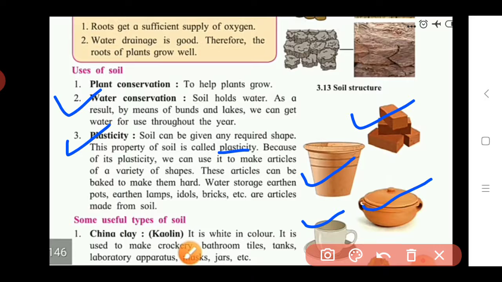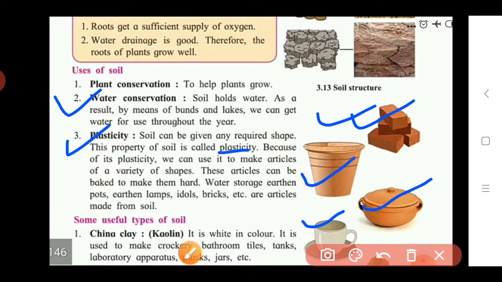So first we give the shapes in a variety, and then after giving shapes, these articles are baked in a furnace. So after baking they become hard and we can easily use such articles. So water storage earthen pots, which we use at our home.